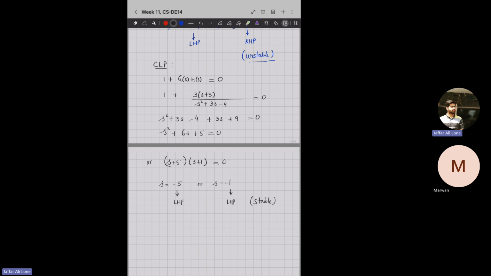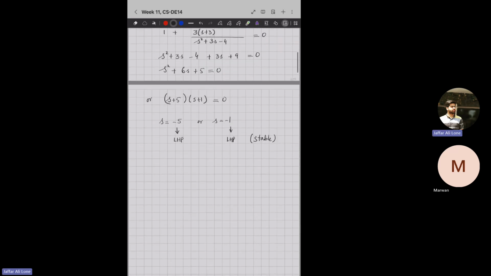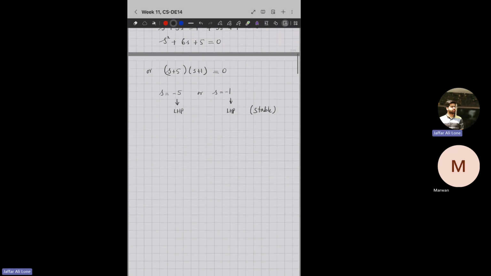Now, in the last week, you studied Nyquist, like we did problems on how to draw a Nyquist plot, and today we will see how we can determine stability from a Nyquist plot. So, okay, now let's move towards that part.